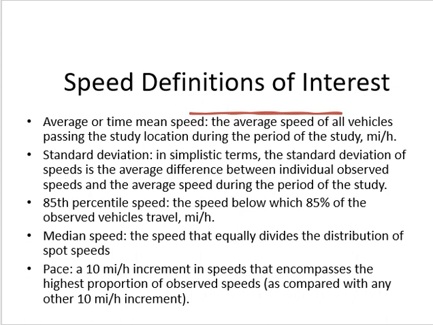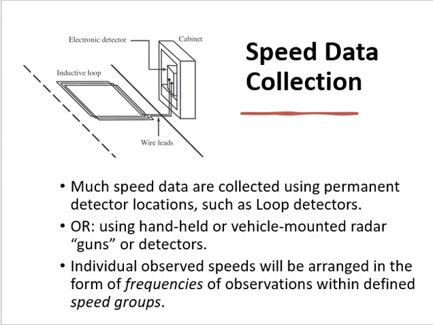Pace is a range, and this range has a limit of 10 miles per hour. It's always 10, but the start value and the end value can change. So it could be 50 to 60 or 51 to 61, but it cannot be 51 to 70. Got it? The difference cannot change. The values can change.